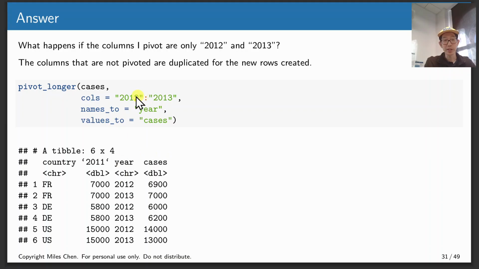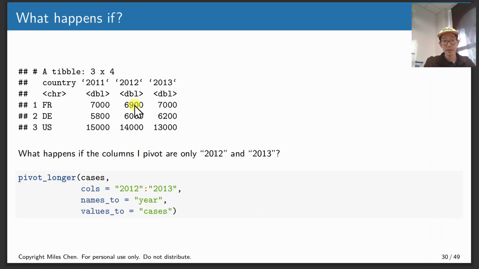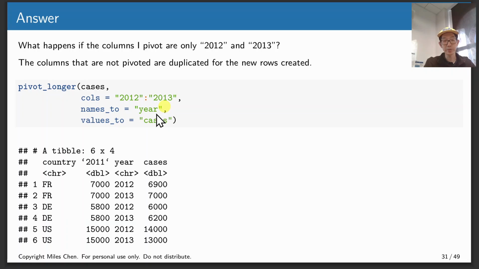So the 2012 and 2013 will have France 2012 6900, France 2013 7000, DE for Germany 2012 6000, DE Germany 2013 6200, and so on. Okay, and then the ones that did not get pivoted, country gets duplicated, and this column 2011 also did not get pivoted, so it just gets duplicated across here.